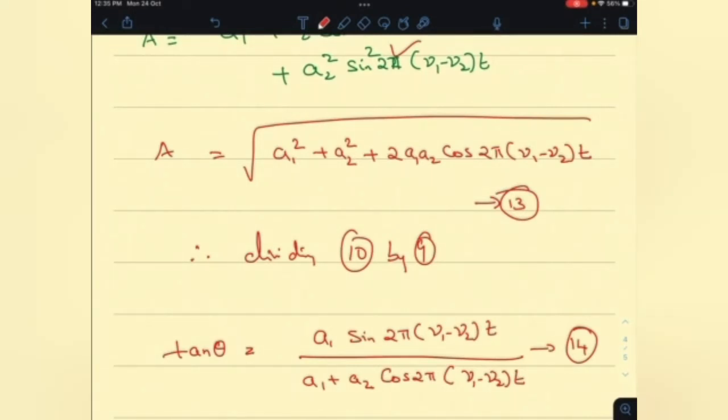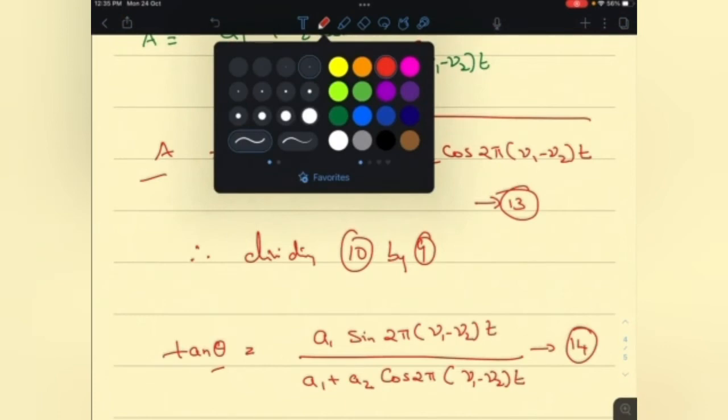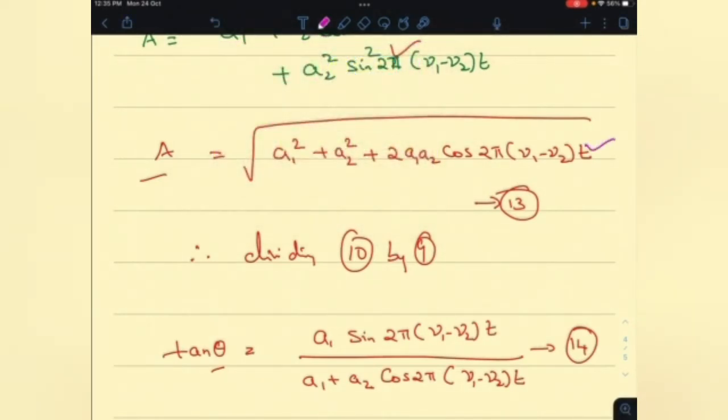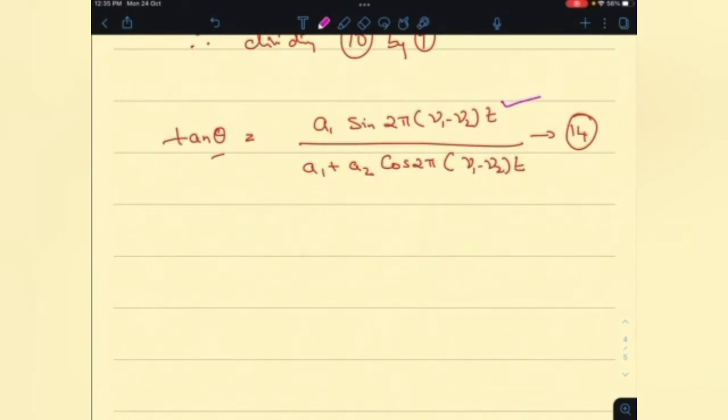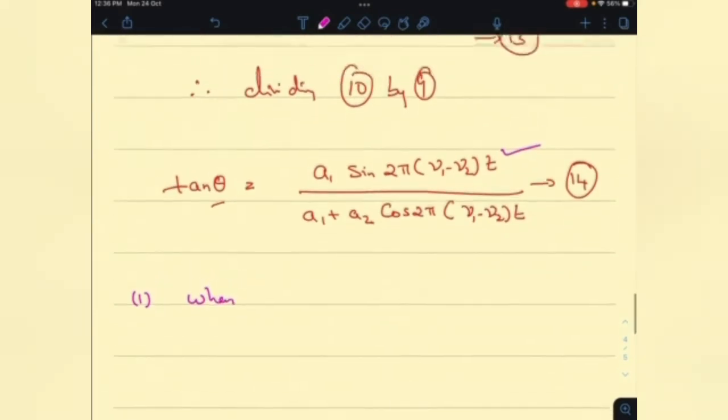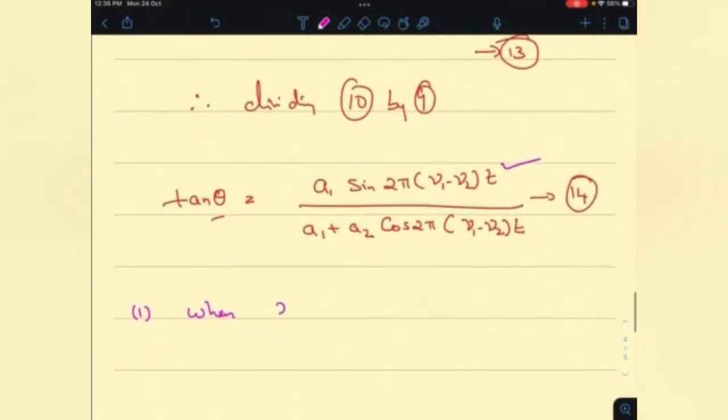So we have to consider some special cases. First case, when 2 pi nu 1 minus nu 2 into t is equal to 2n pi, some constant, where n is equal to 0, 1, 2, 3, etc. What will be the amplitude?